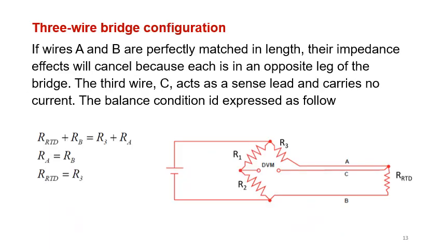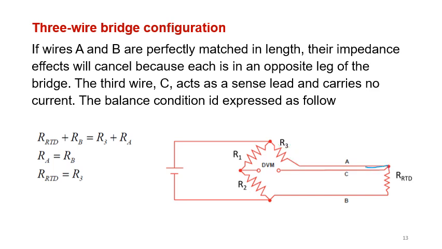In a 3-wire configuration, we are going to connect, as you see here, one side of the wire, wire A, to R3, and wire B is linked to the RTD. And if you notice now the legs of the bridge, I will depend on the color to explain it.